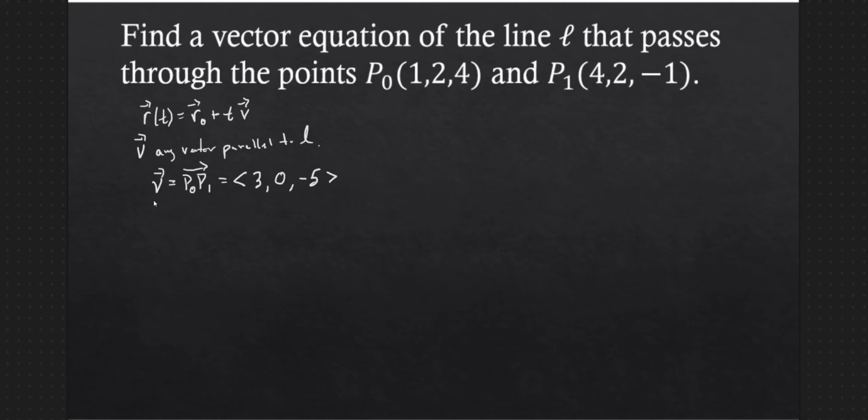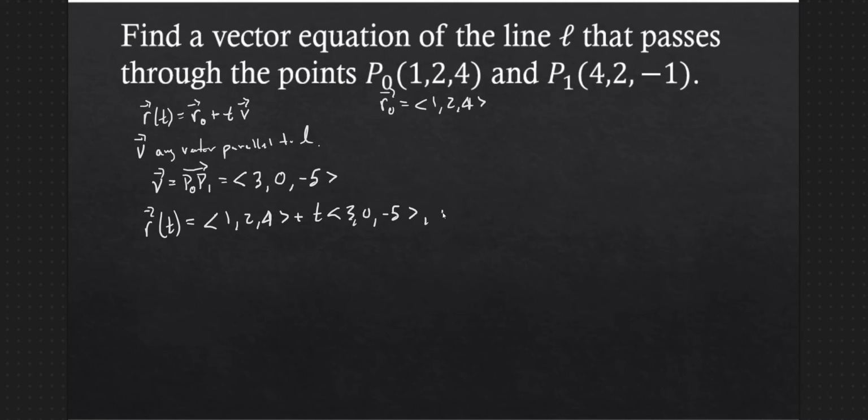And so that works for a direction vector, which means my vector equation of the line will look like, what's my R0? It's just 1, 2, 4. So this will look like 1, 2, 4 plus any multiple, so t times 3, 0, negative 5.